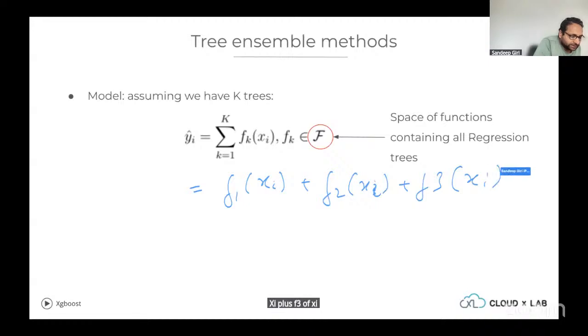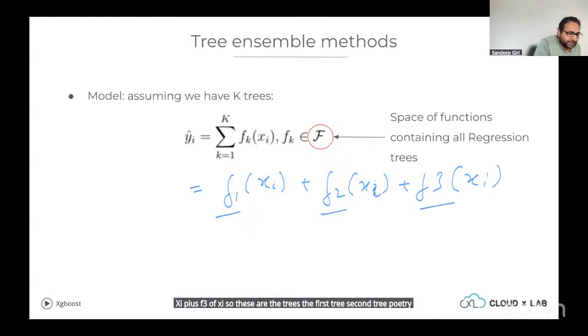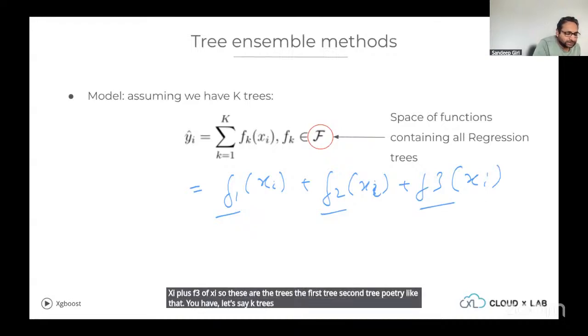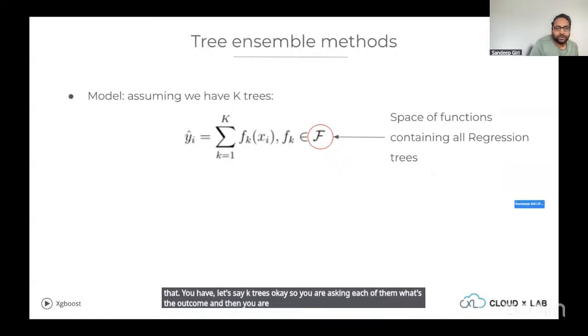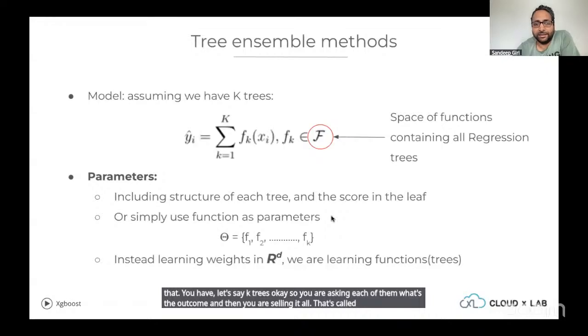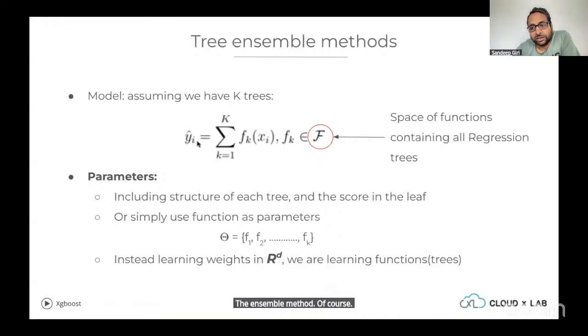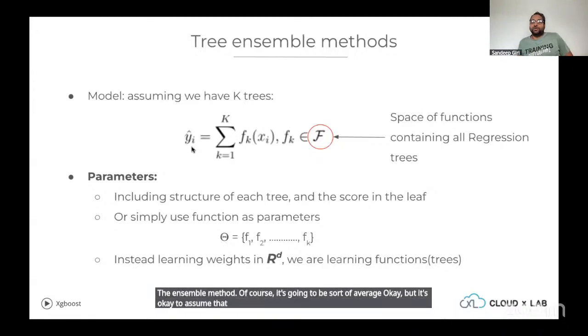These are the first tree, second tree, third tree, like that. You have, let's say, K trees. You are asking each of them what's the outcome, and then you are summing it all. That's called the ensemble method. Of course, it's going to be sort of an average, but it's okay to assume that it's a summation of all of the predictions.